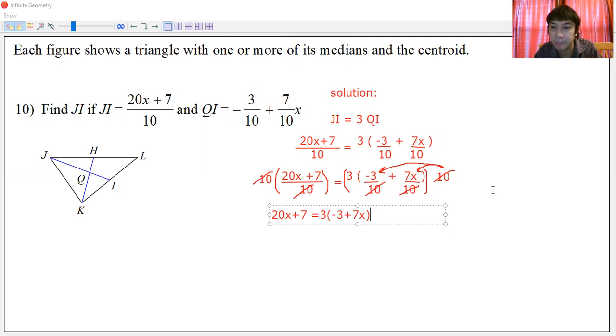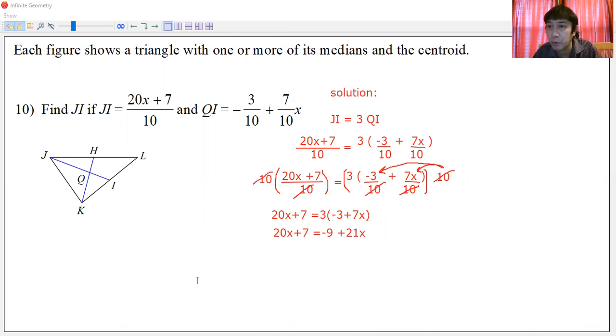And so we have a simple linear equation. We shall continue with multiplying the 3. The left side will remain 20x plus 7. This becomes negative 9, and this becomes plus 21x.